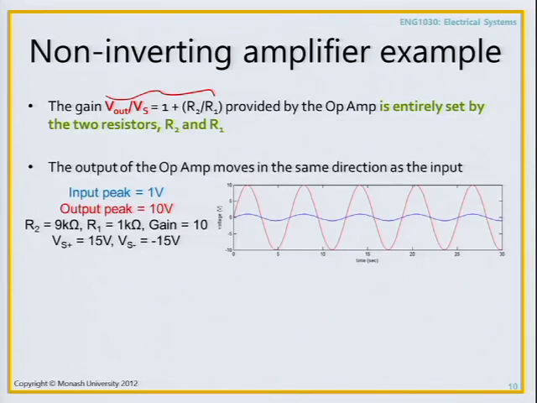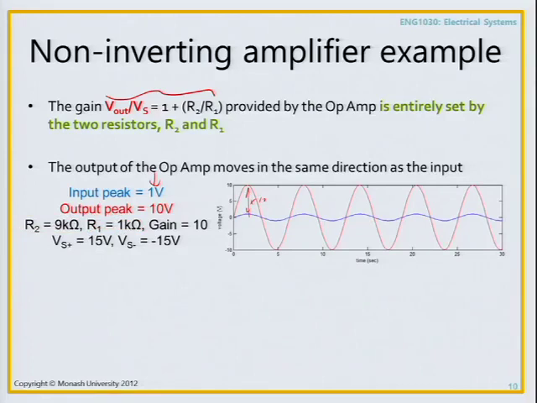So if I have an input of 1 volt and it's a sinusoidal input, and I take R2 equals 9 kilo ohms and R1 equals 1 kilo ohm, by this calculation we should see that the gain is 10, right? And so if I look at the red, the output will be a sine wave which goes in the same direction as the input sine wave and is scaled by a factor of 10. Okay? That's great, you say.